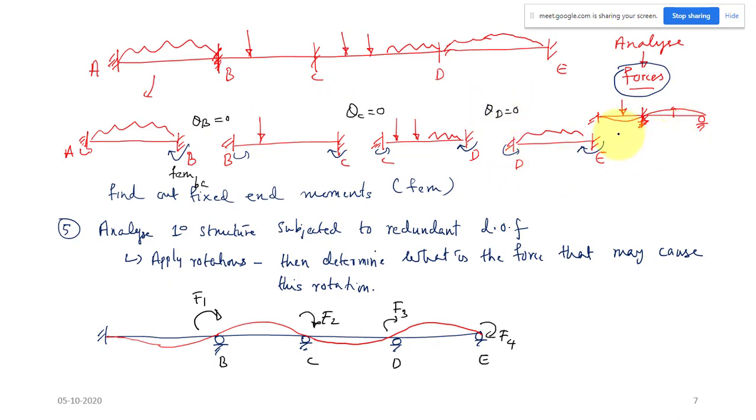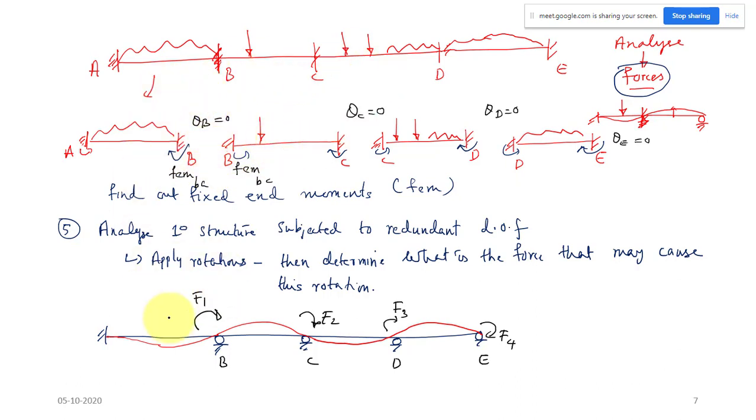So here we got some fixed end moment at this joint B in the span of BA, so FEM BA, and this fixed end moment is FEM BC. And if you see this joint, we have two fixed end moments I got from this fourth step.